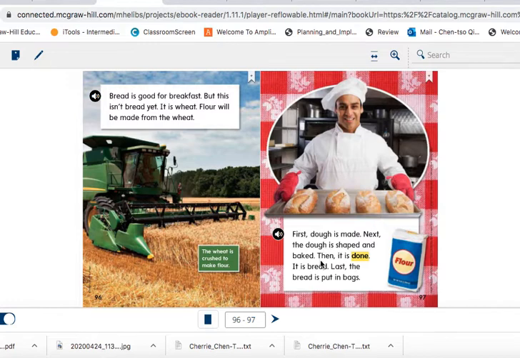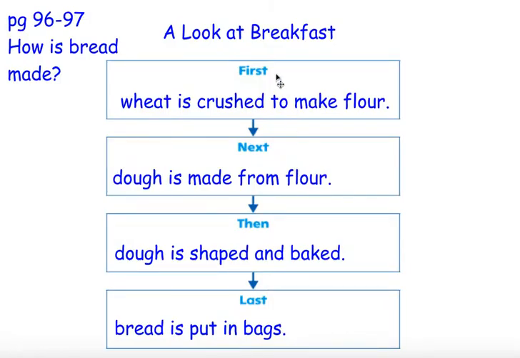I'm thinking that I could delete the part "then it is done," because that step didn't really tell us anything, right? So let me organize everything together and you will see my chart right here. How is bread made? In the very beginning, we see wheat, right?